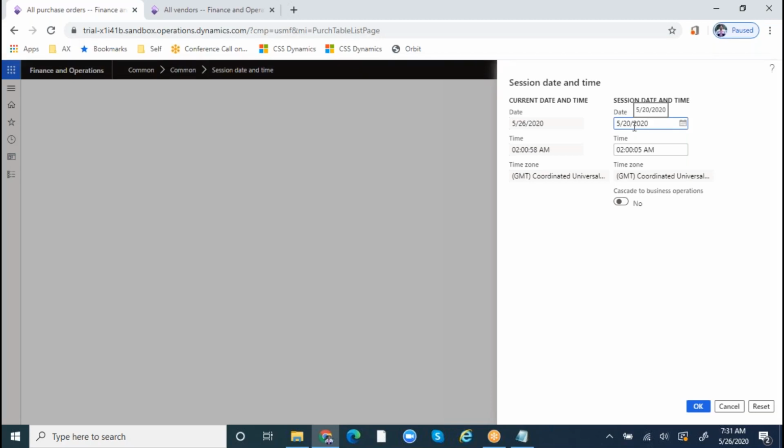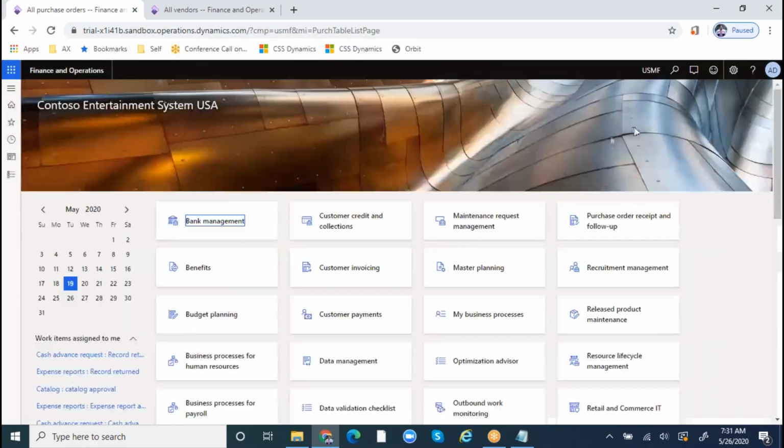Until that is done, I want 30th May every time. Every time it comes as 1st June, I need to change it. Sometimes I may forget, and in a hurry I can make mistakes. So to avoid that, there is a session date and time. You can change this as per your comfort, so that all the transactions will be captured on that day. Making sense?